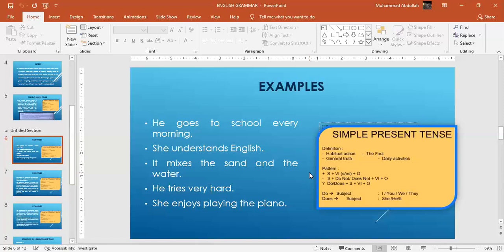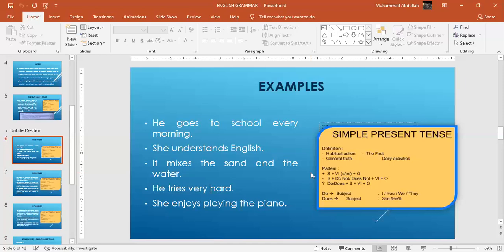But if the category is third person singular, we need to add S or ES. So we have placed here with understand the letter S to make it understands. And then comes the object, right? English. So she understands English. This was the formula or pattern or structure of a simple affirmative sentence.